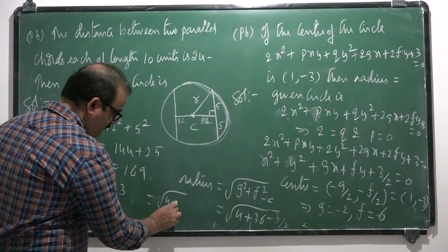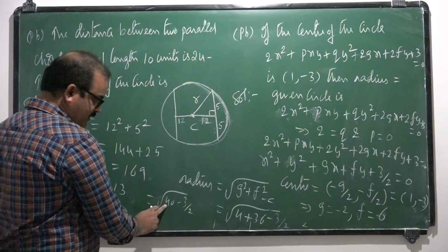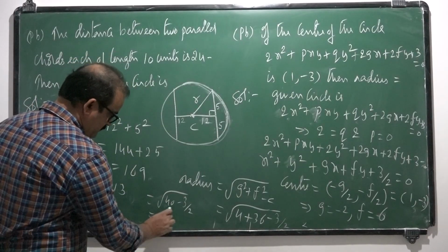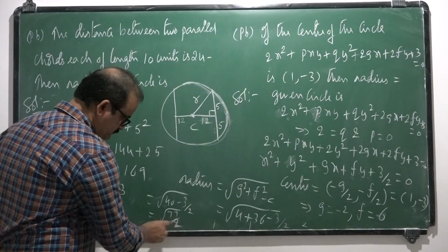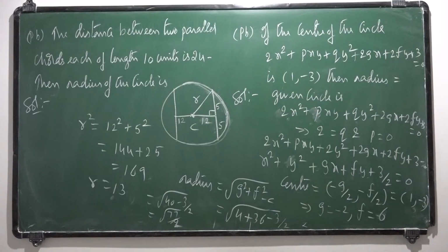Root of 40 minus 3 by 2. 40 into 2 is 80, 80 minus 3, 77 by 2. That is the radius of the circle.